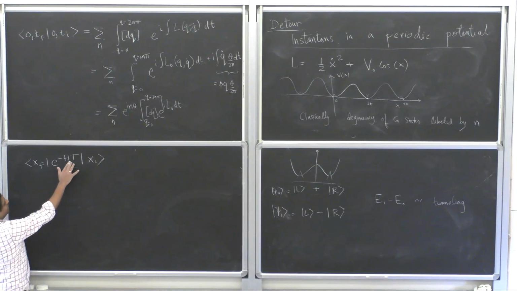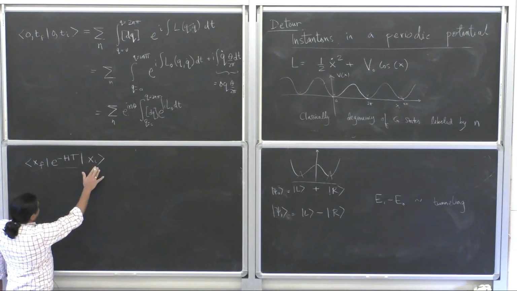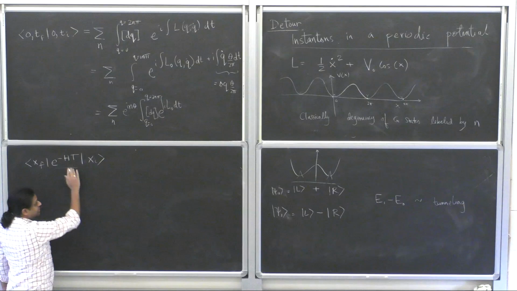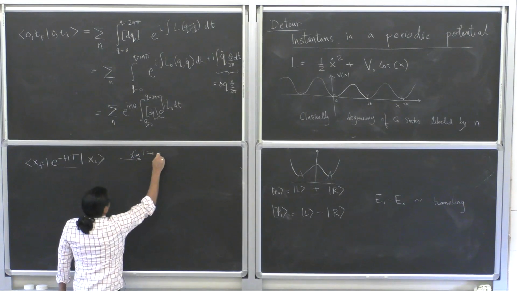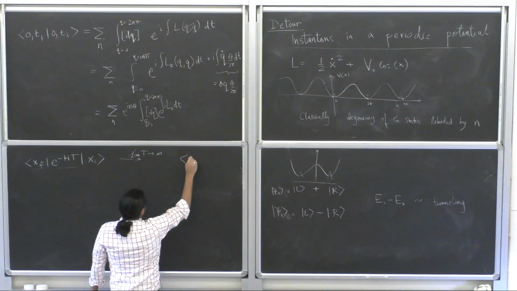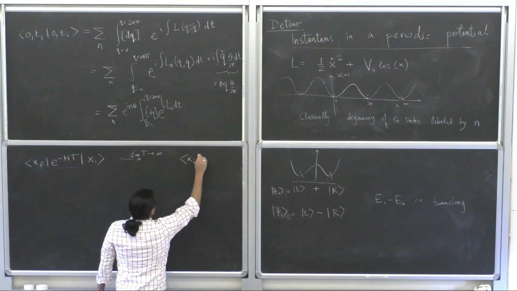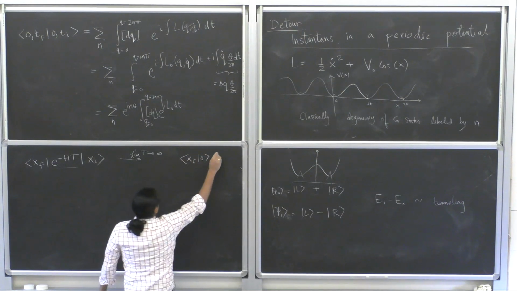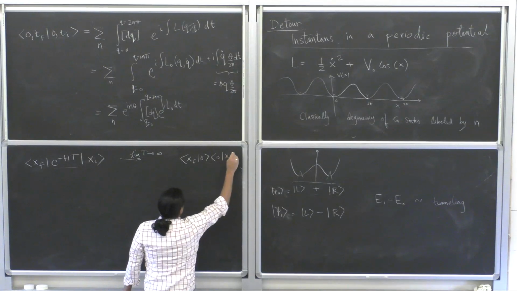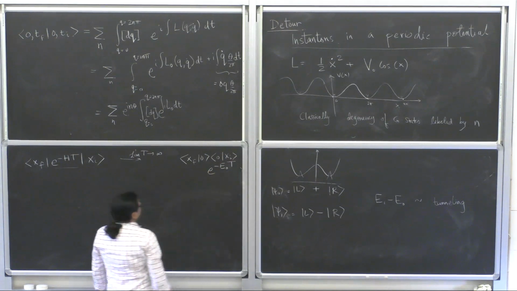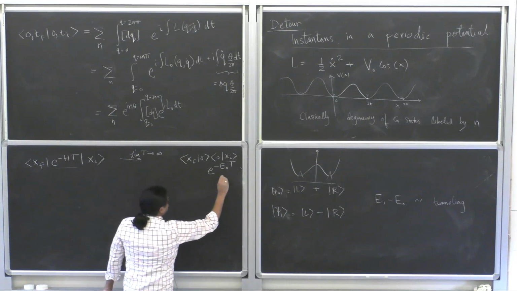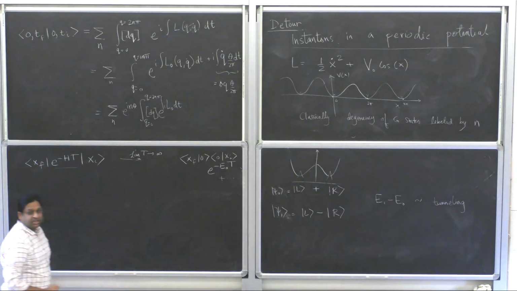You can see that any term coming from higher energy states will be more exponentially suppressed. So in the limit t goes to infinity, this will be dominated by the ground state, plus corrections which are further exponentially suppressed.